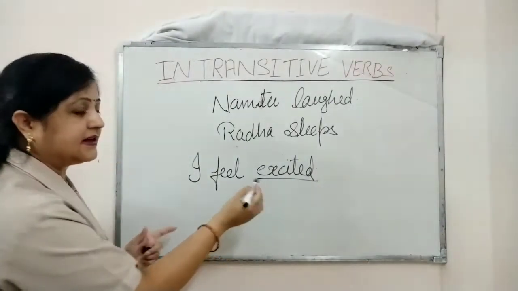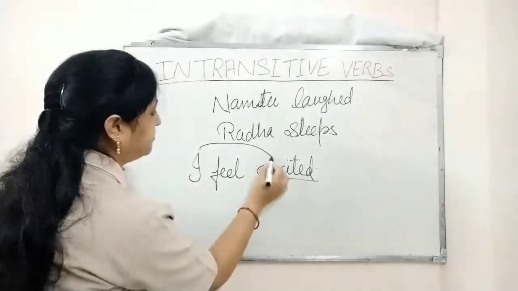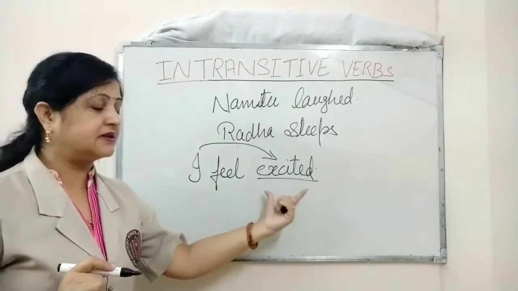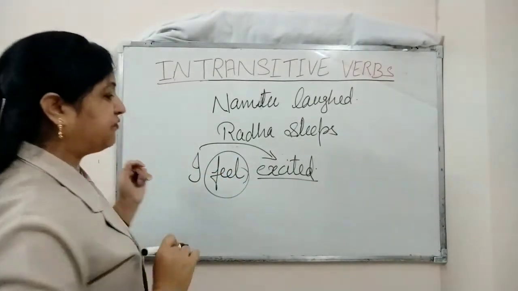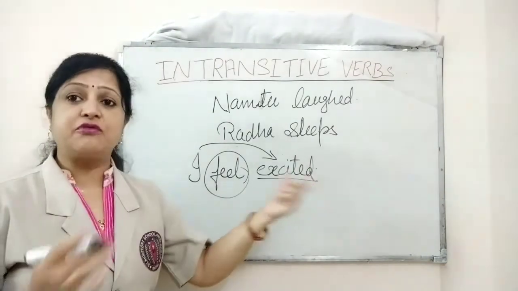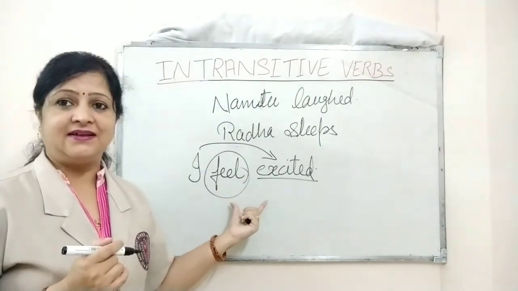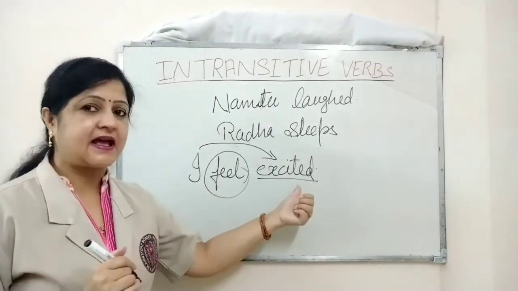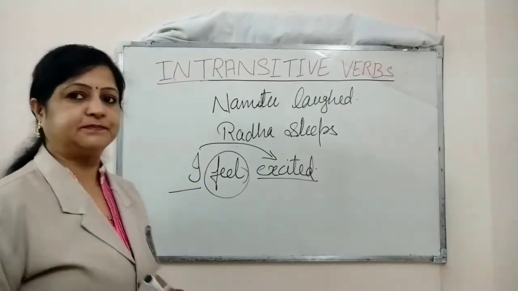So here excited is giving us information about me, about the subject. It is telling us more about the subject. It is not used as an object of feel, but it is giving us more information about my feeling, not as the object of feel. Okay, so here excited is used as the subject complement of the subject I.